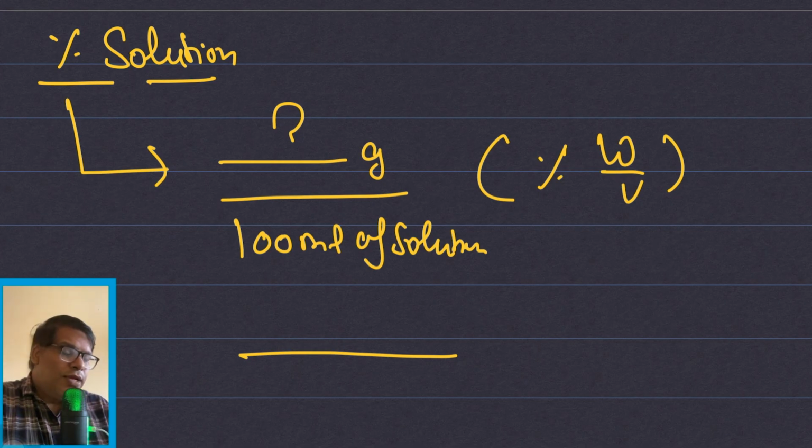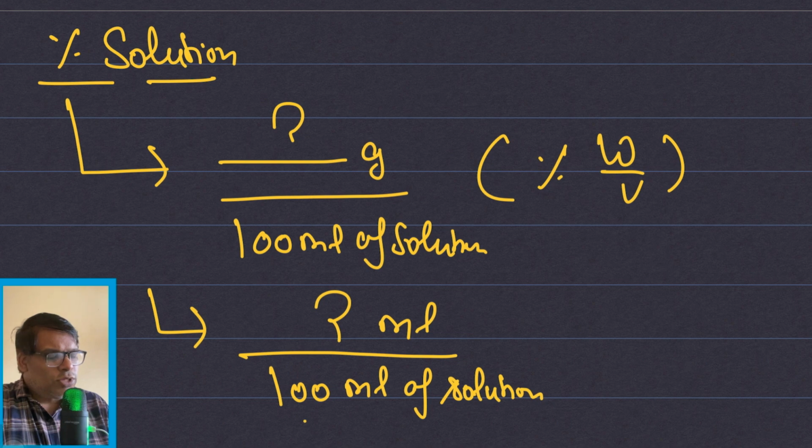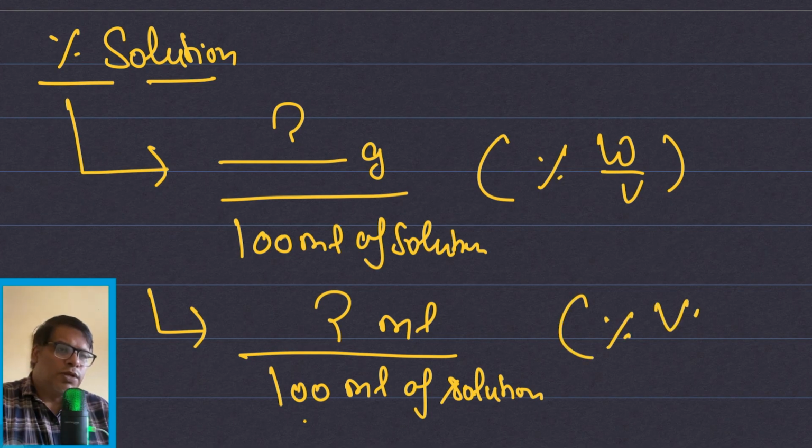Now the situation can be different. You may have a solute which is liquid in nature. If you dissolve x ml of the liquid solute in a solution so that the final volume is 100 ml, then you have prepared a percent volume by volume solution.